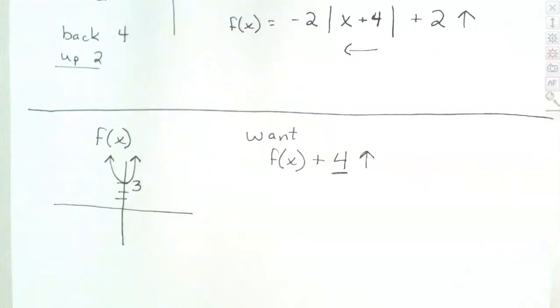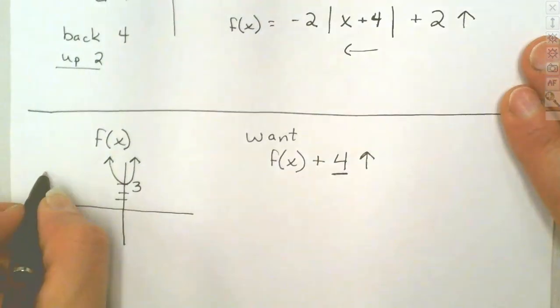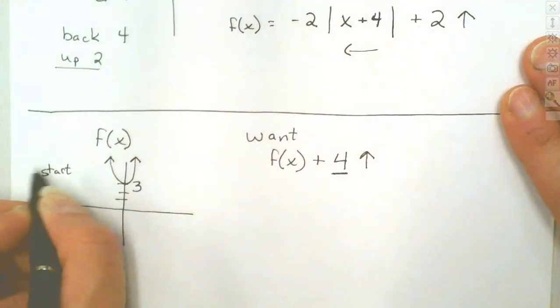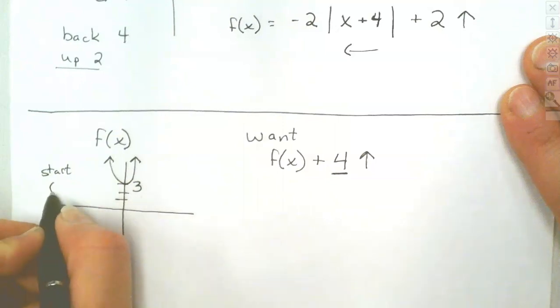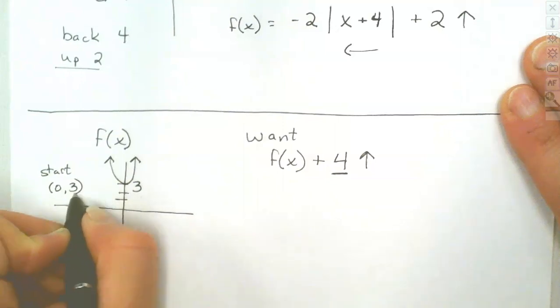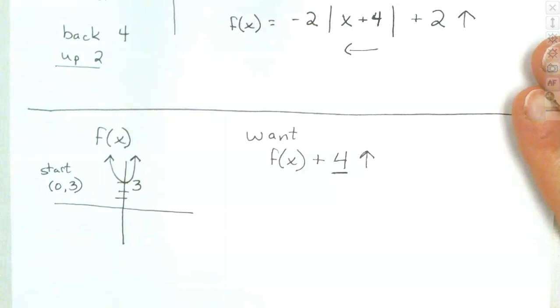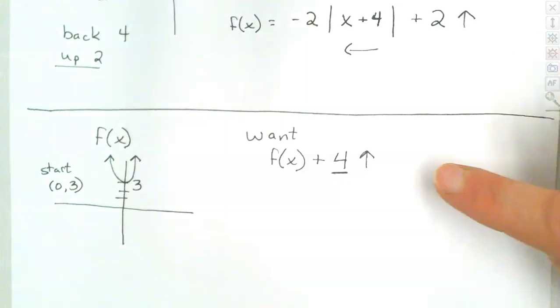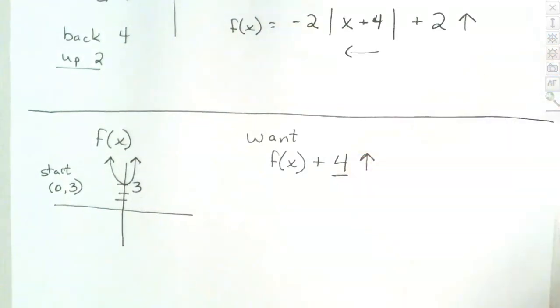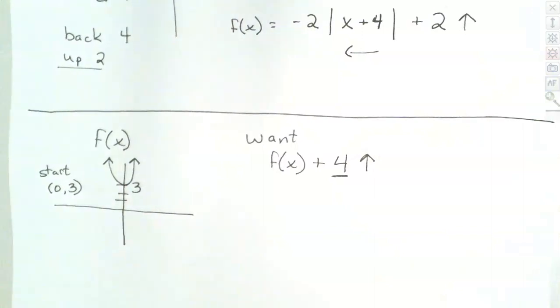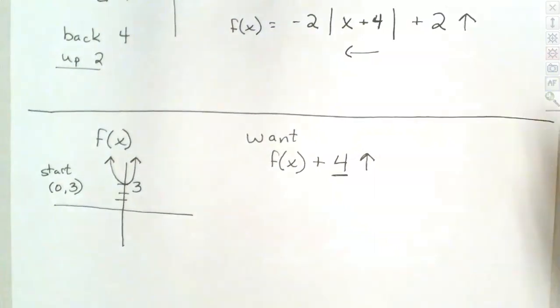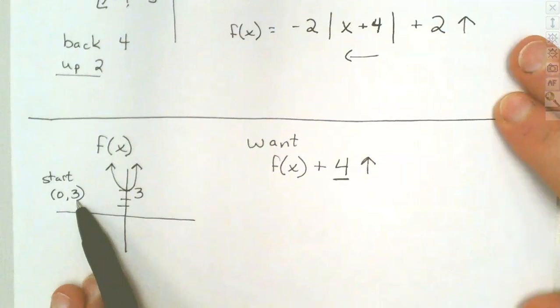So let's look at our original graph. Where are we going to start on the original? This graph actually starts at 0, 3, doesn't it? And what is that 4 on the end? If we add something on the end, what does it do? Moves it up. Okay, so we're already 3 units up.